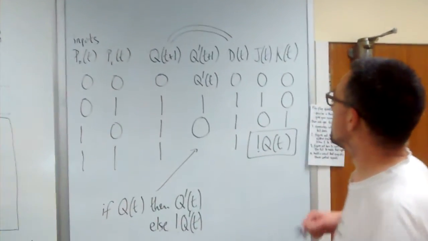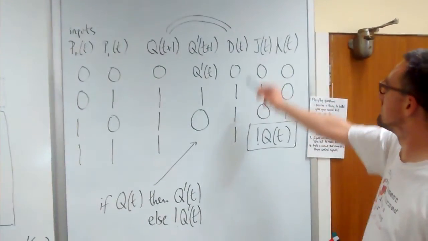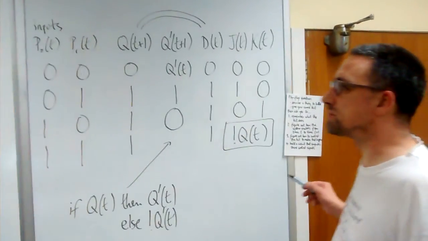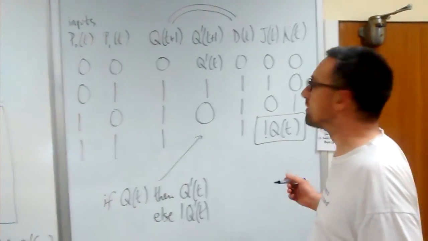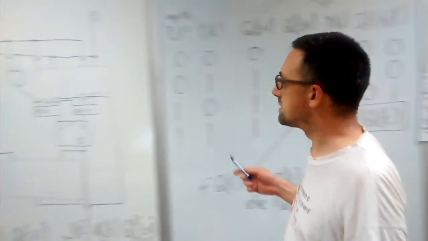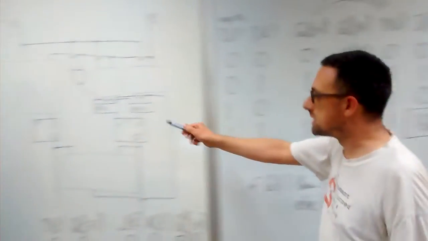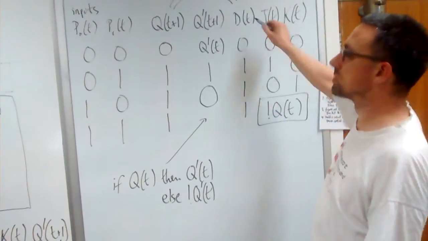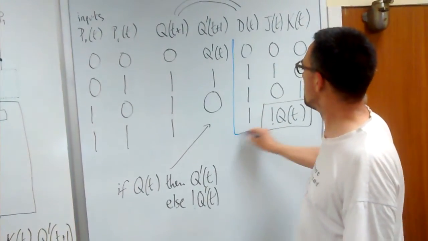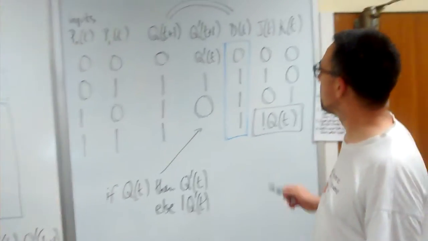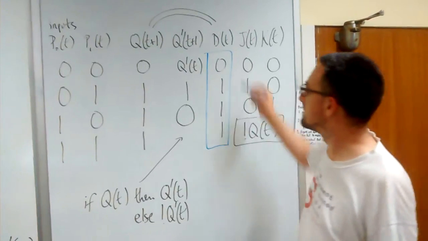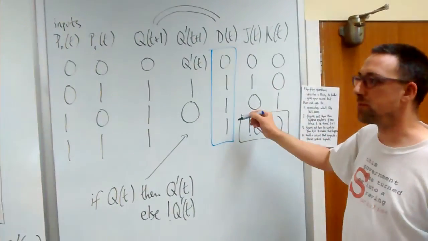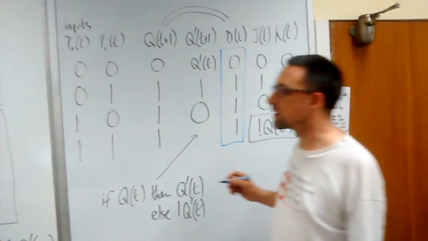So now we have the table which explains how to give the values of the control signals. We should be able to build the circuit. Let's start with the D flip-flop. We can see here that we've got to deliver this truth table for the D flip-flop, and hopefully you recognize that this is just the truth table for an OR gate.